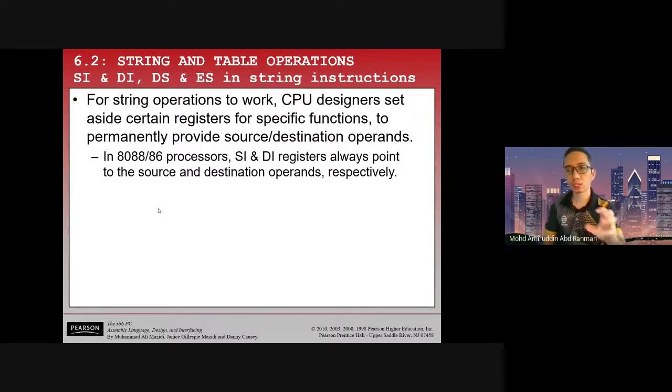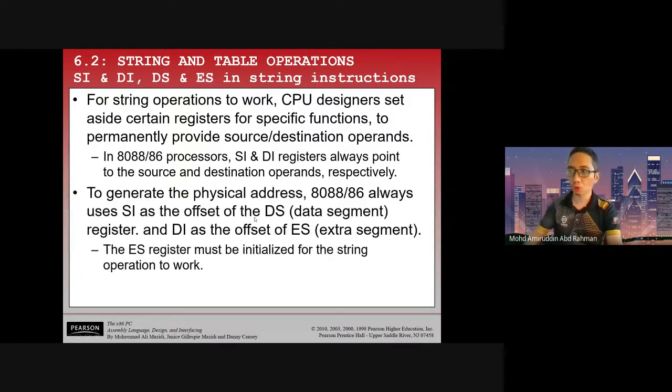So it is certain registers to do that operation, so the CPU won't have such a big load. For example, if they want to process only a string, it only focuses on that register rather than searching for multiple registers.